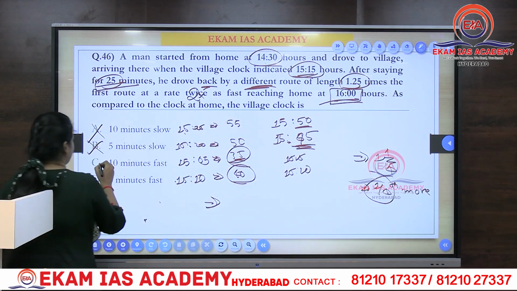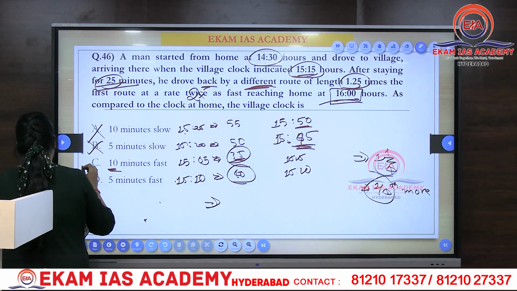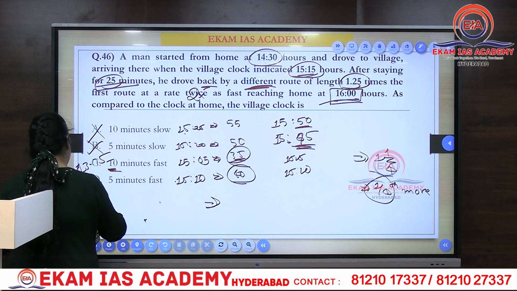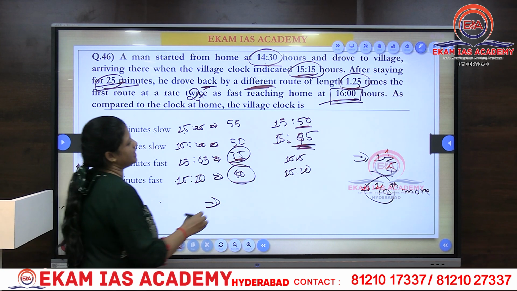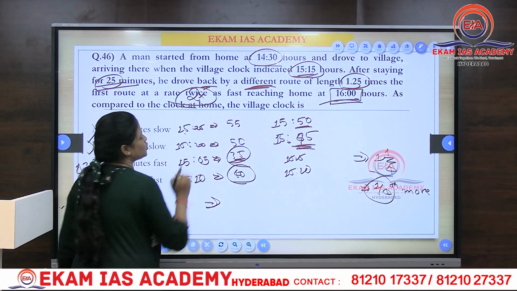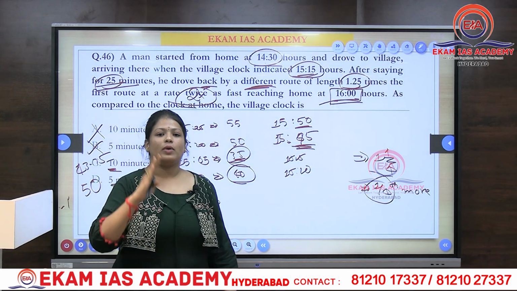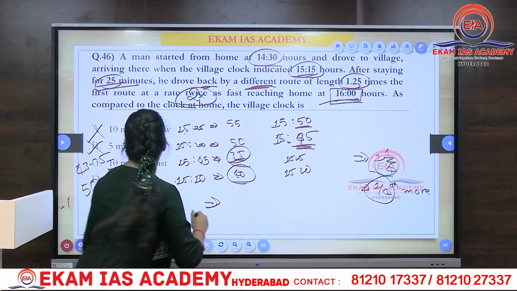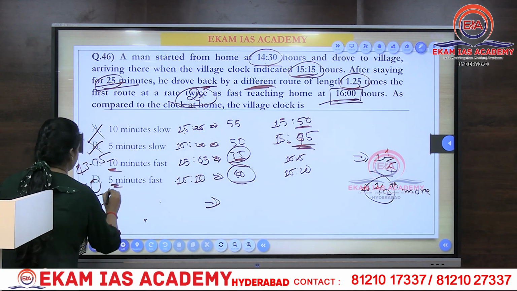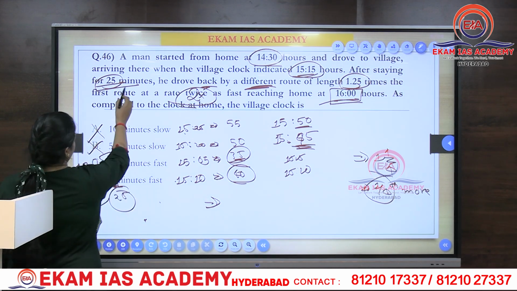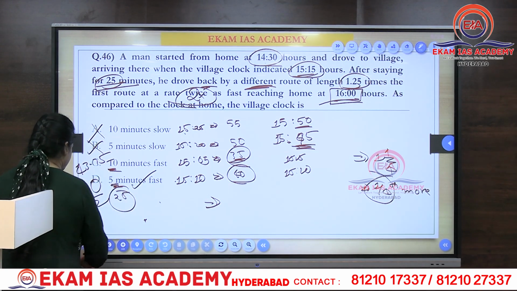For this option, he is going to take 43 minutes. For this option, he is going to take 15 minutes. And what is the other condition? His speed is twice. When the speed is twice, the time is halved. So 50/2 is 25. We got our answer, 25 minutes, hence option D.